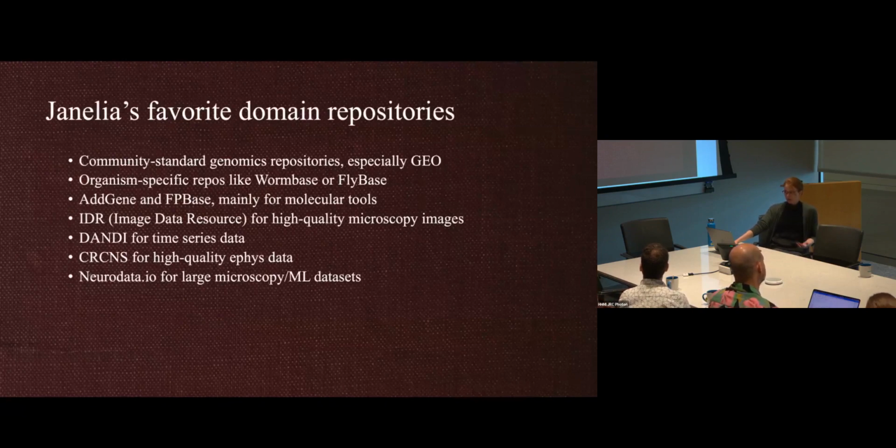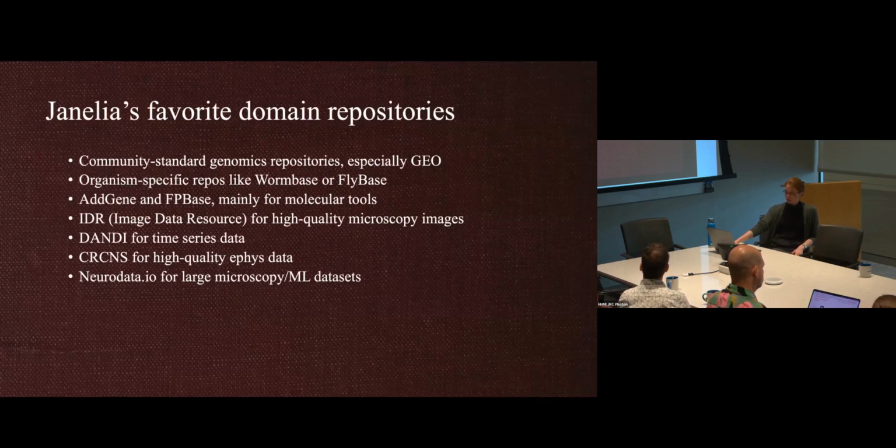In talking to people, I've gotten a sense of which domain repositories around Janelia we tend to use. Obviously, the community standard genomics repositories, especially the Gene Expression Omnibus, or GEO. We also use Wormbase and Flybase and Addgene and FPbase, especially for molecular tools.